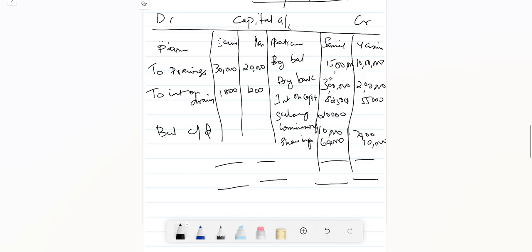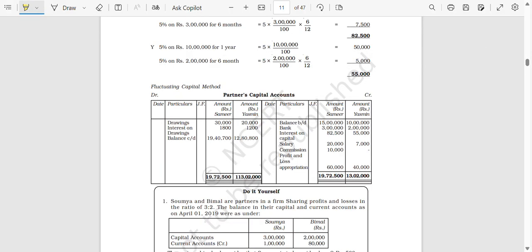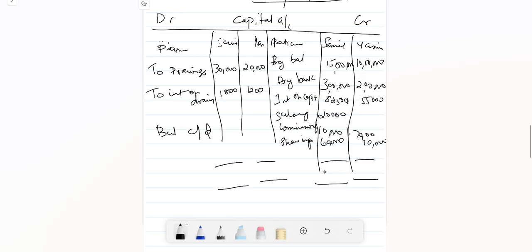We'll just say balance carried down here. The balancing figure. So 15 lakh, 18 lakh plus 82,500 plus 20,000 plus 10,000 plus 60,000 will give me 19 lakh 72,500.